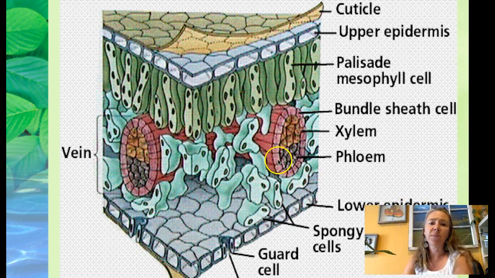In the mesophyll, the palisade and the spongy mesophyll, we'll find cells that have chloroplasts, which is where photosynthesis transpires. Within the leaf we'll also find veins that contain the xylem and the phloem. On the epidermis, we'll also see tiny little openings called stomata, which have on either side a little guard cell that can open and close to allow gases in and out and water to transpire out as well.